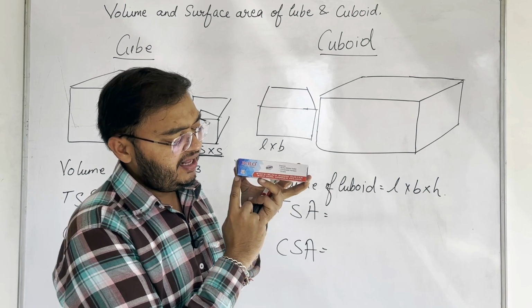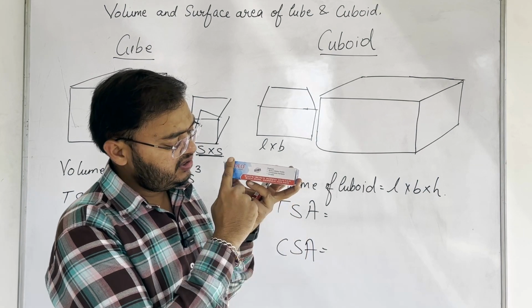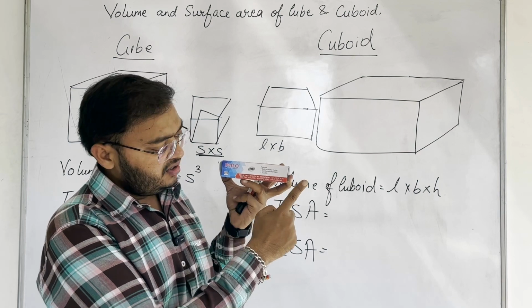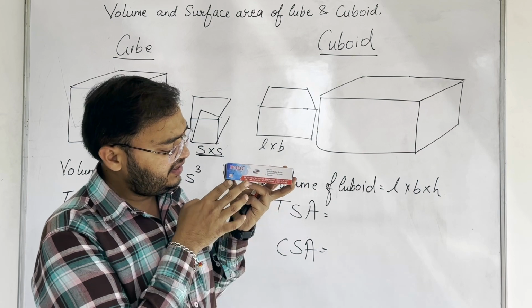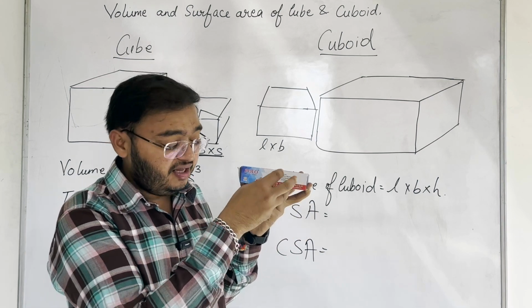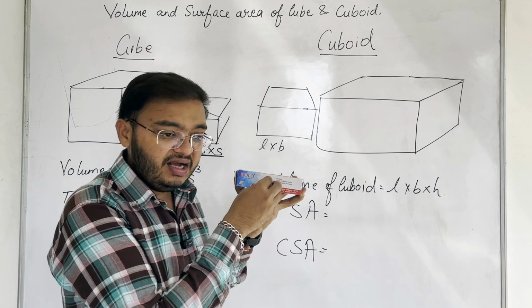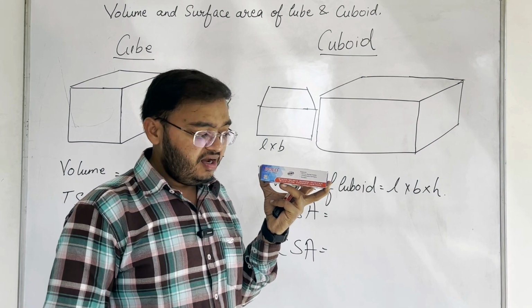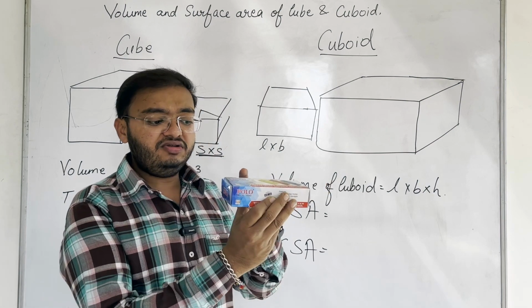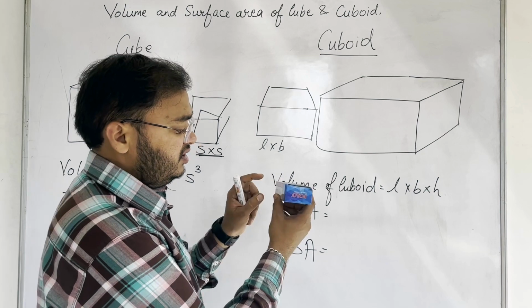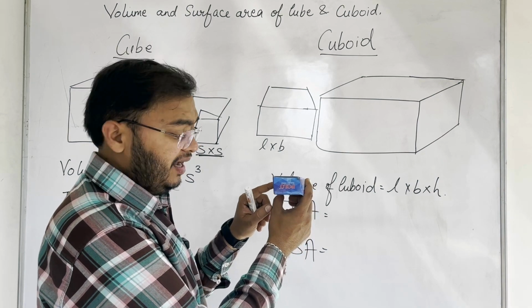So if this is my length, this is my height, this is my first face which I am seeing from here. So this face has length and height. If I find the area of this particular surface, then this is length and height. Same way, this surface is equal to the surface which is present at the back side.